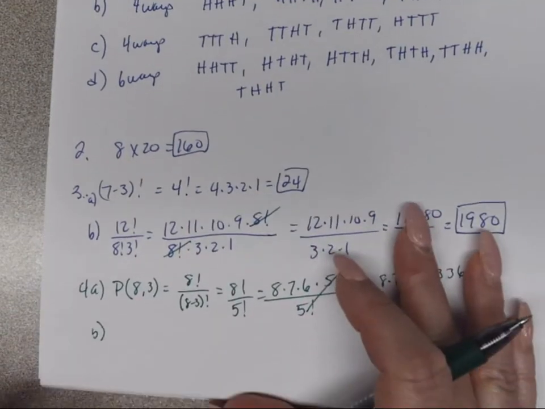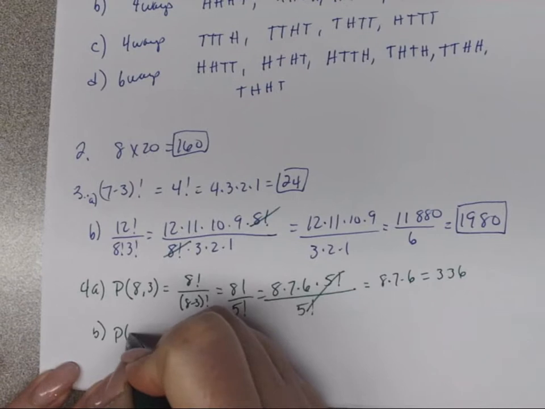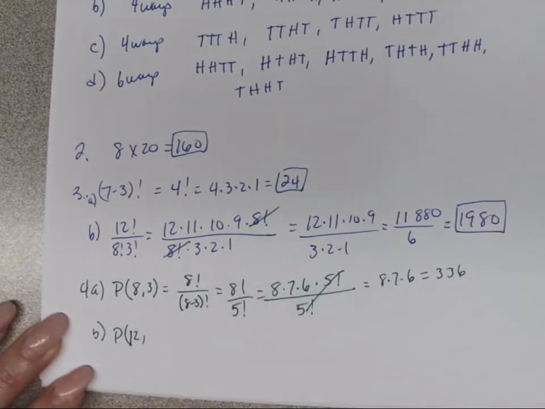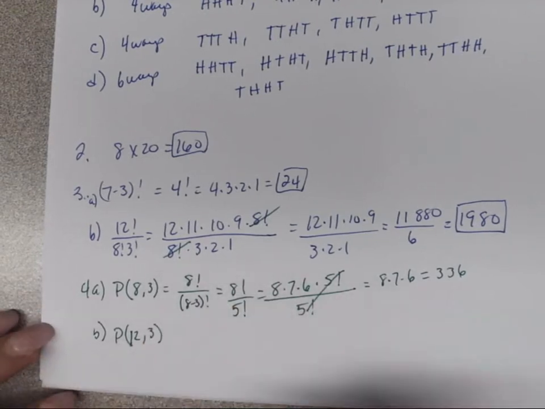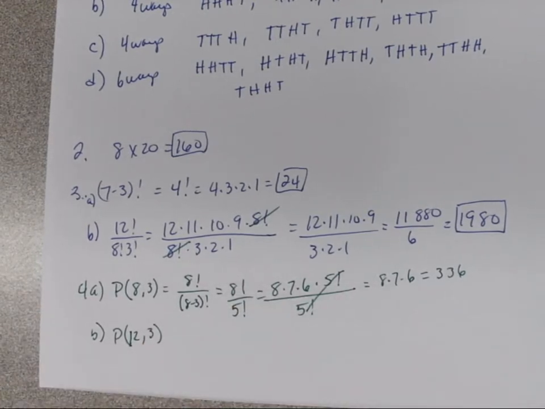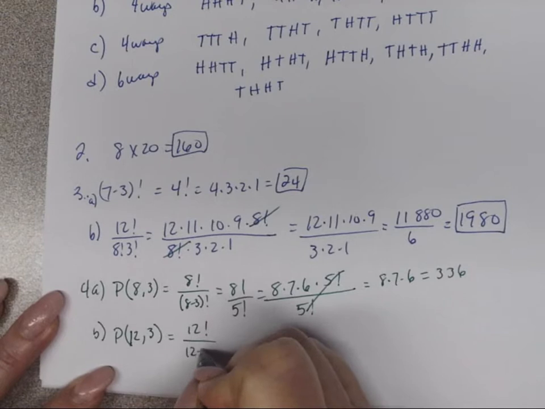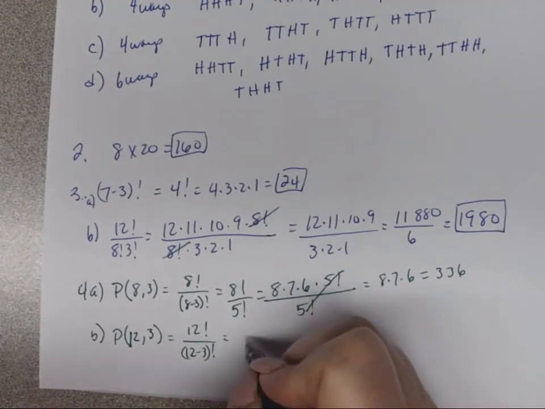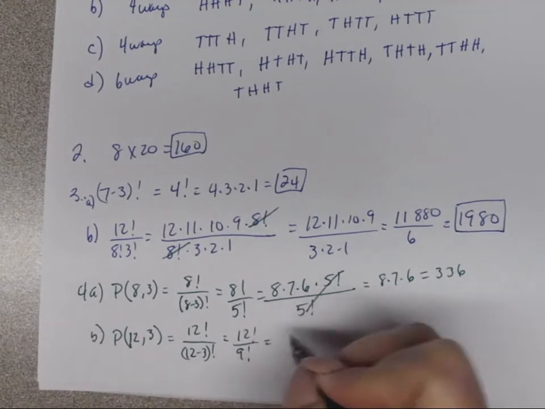So when we're looking at this one, it's going to be the permutations, and the number of people on the board is 12, and we're still trying to find a 3-person committee. So the 3 is the same only because that's the same thing that we were given. So this will be 12 factorial over 12 minus 3 factorial, which will get us 12 factorial over 9 factorial.